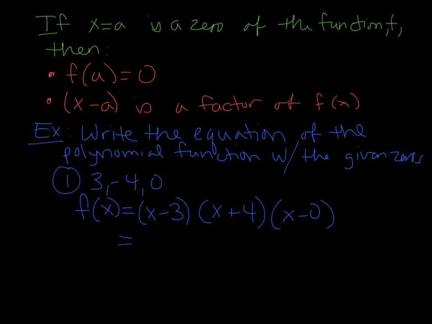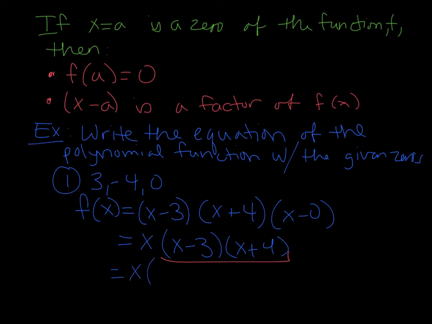So I'm going to rewrite this as the x minus 0. I always like to just put it in front as an x times x minus 3 times x plus 4. In my opinion, it's easier to FOIL these two first. It's always a good idea to look and see what would be the easiest to work with and do those first.